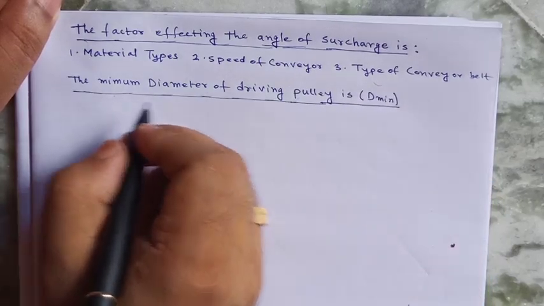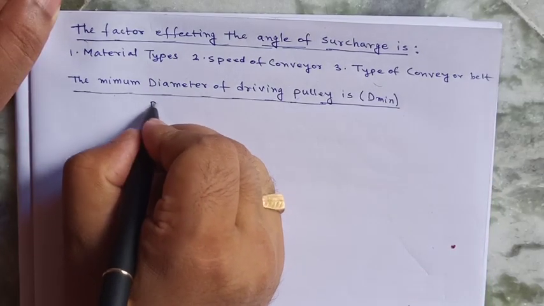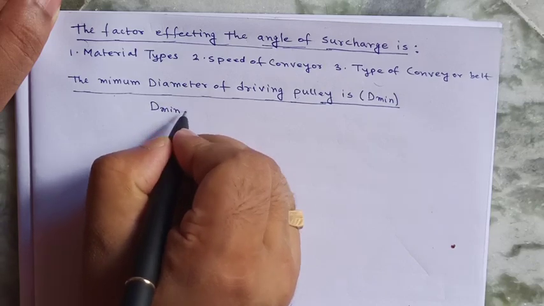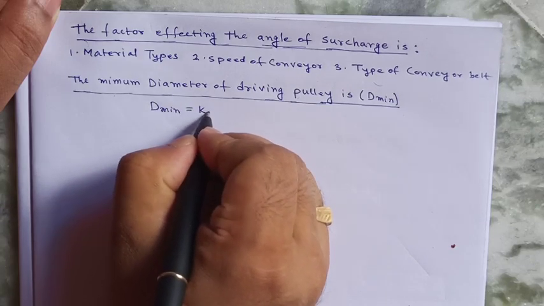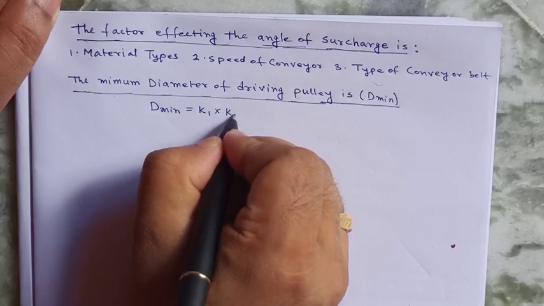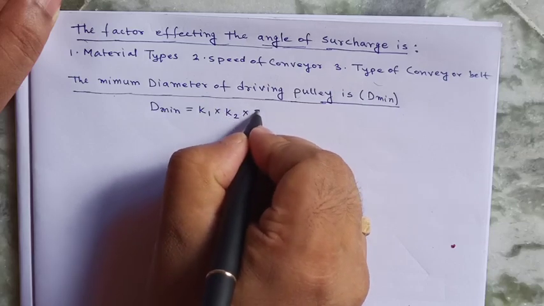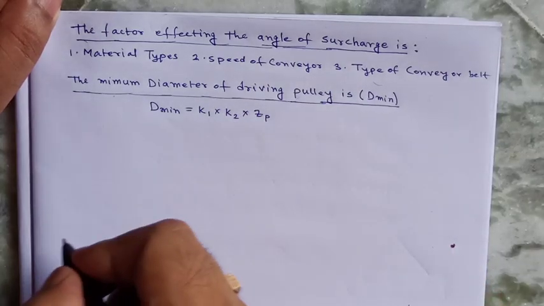The formula is D minimum equals K1 into K2 into ZP.